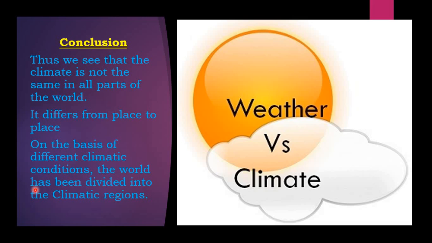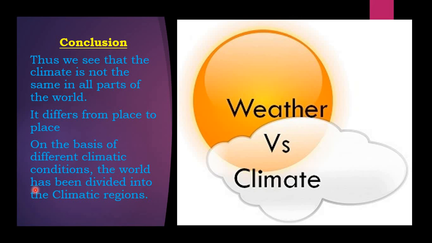Today we studied all about the humidity, the climate or heat zones of the world. The world was divided into 3 zones: the torrid zone, the temperate zone and the frigid zone.